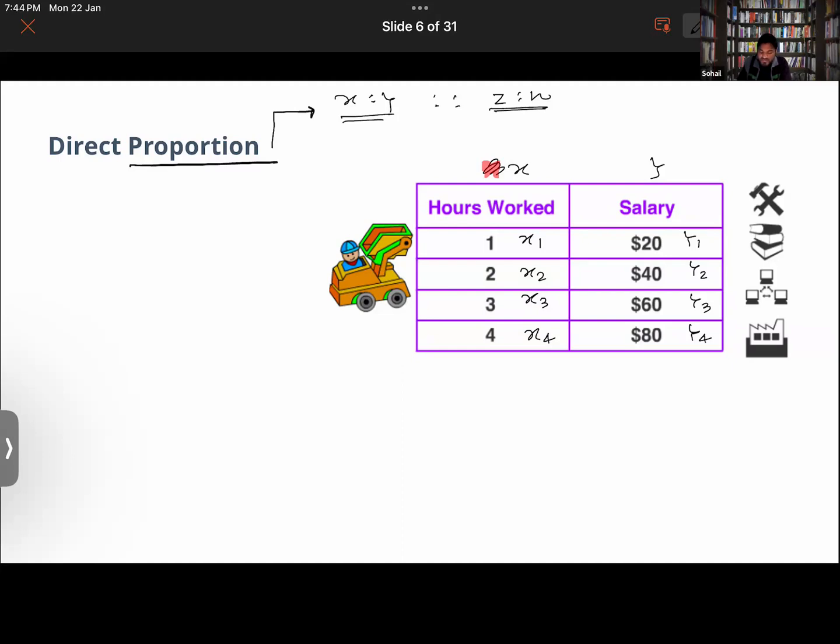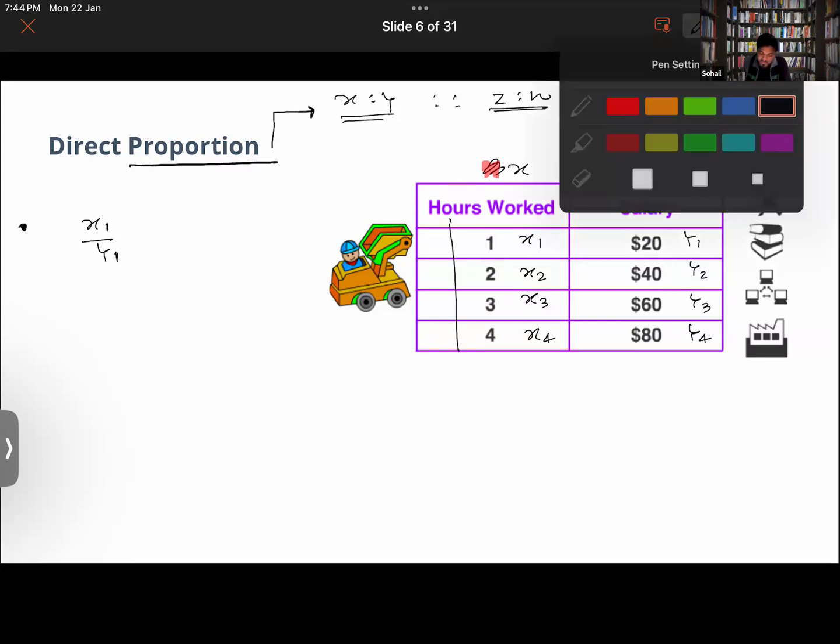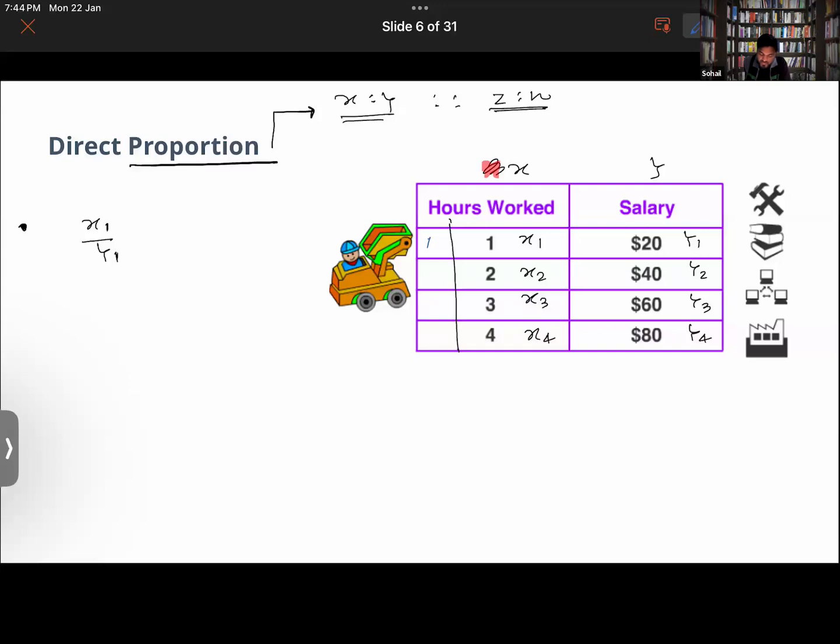So let's take different sets of data here. Let's take x1 and let's take y1. This is one ratio, no doubt in this one. Let me now give numbering to this one. Let's say A, B, C, and D. A we have just taken.